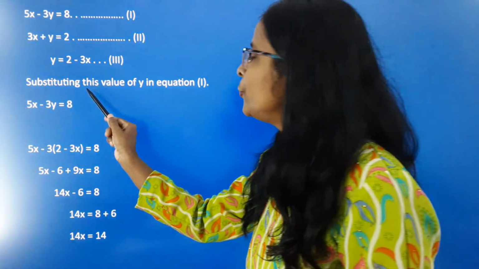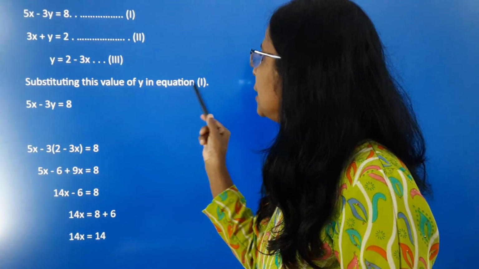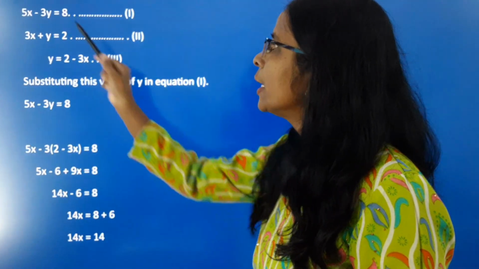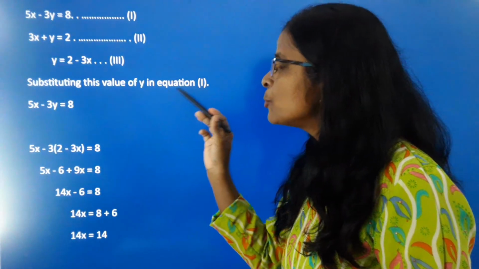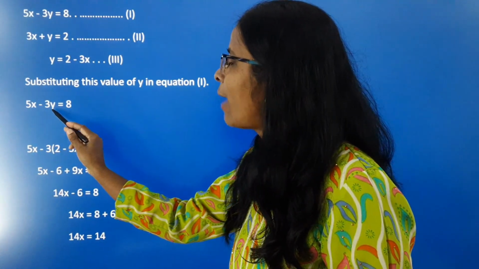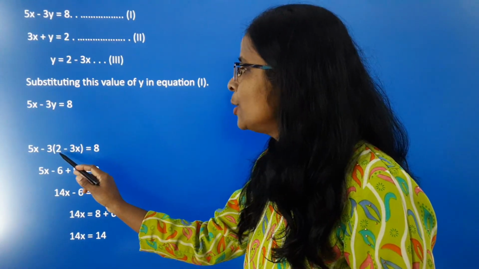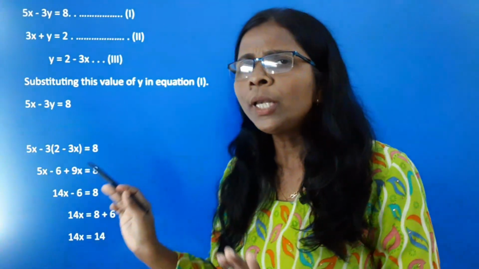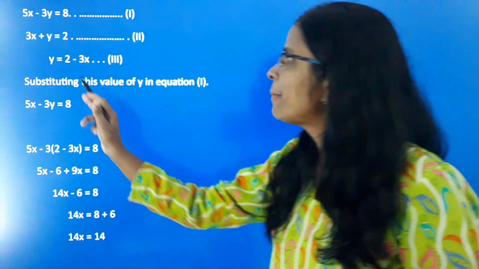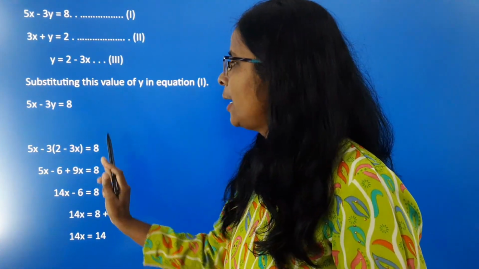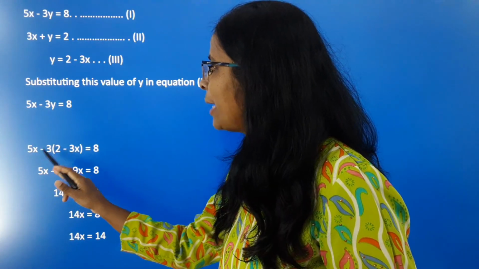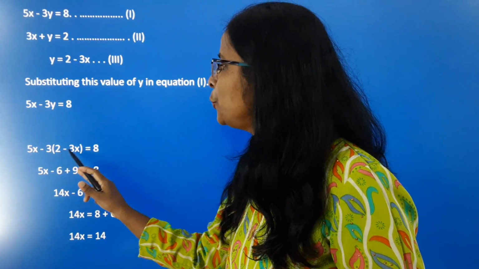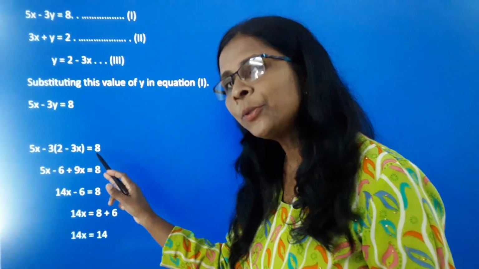Now substituting this value of y in equation 1. So here equation 1 is 5x minus 3y is equal to 8. So substitute at the place of y, here you place 2 minus 3x. So the equation becomes 5x minus 3 multiplied by (2 minus 3x), which is equal to 8.